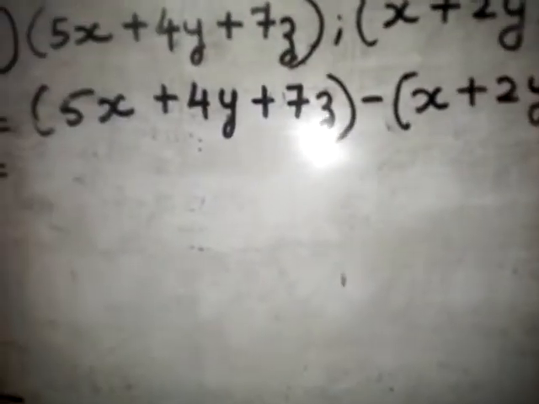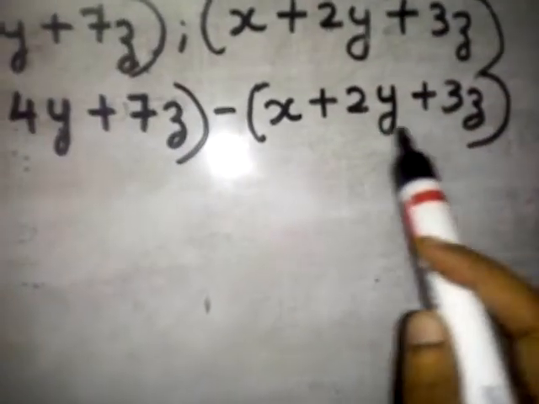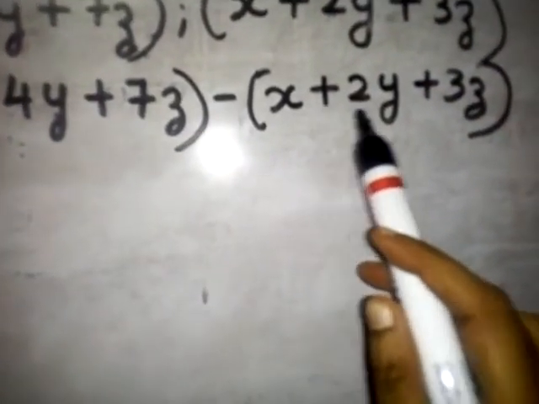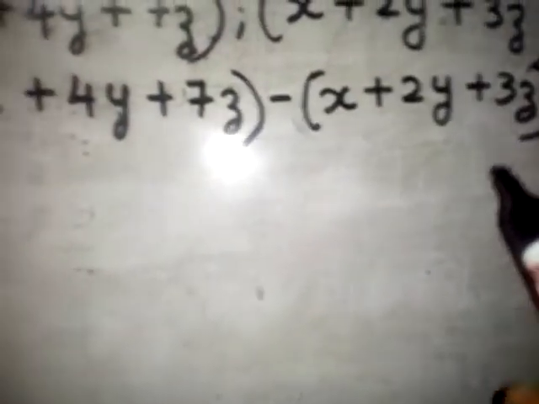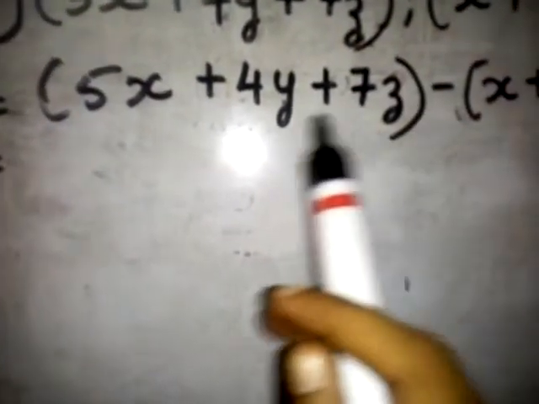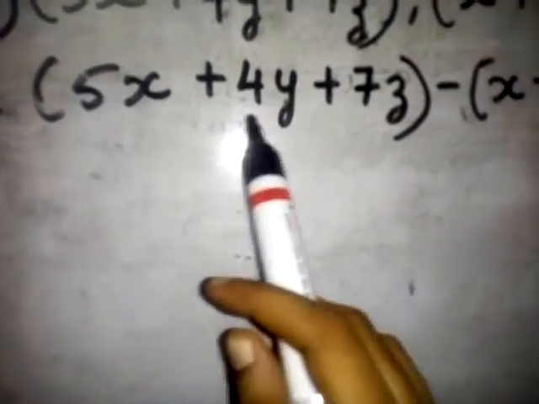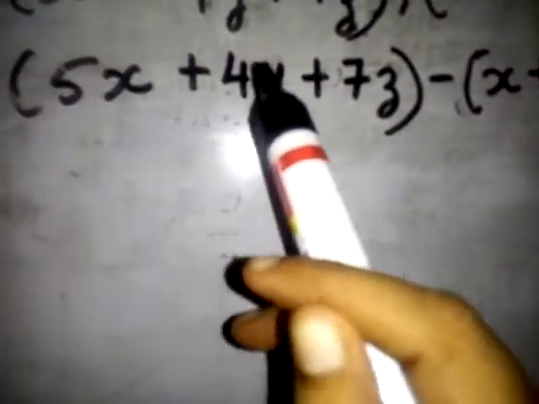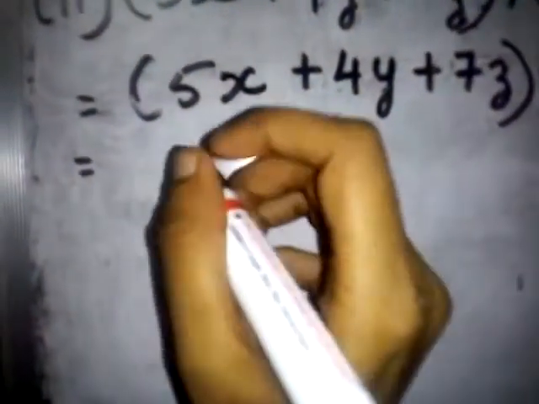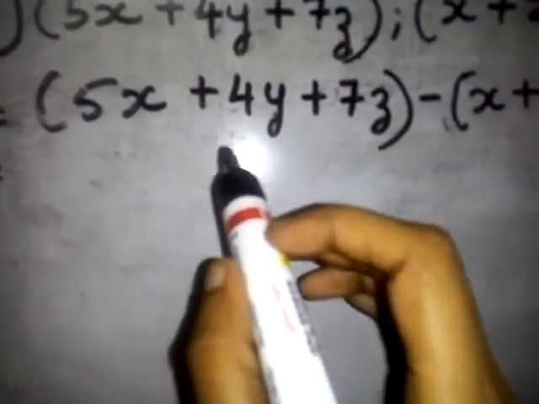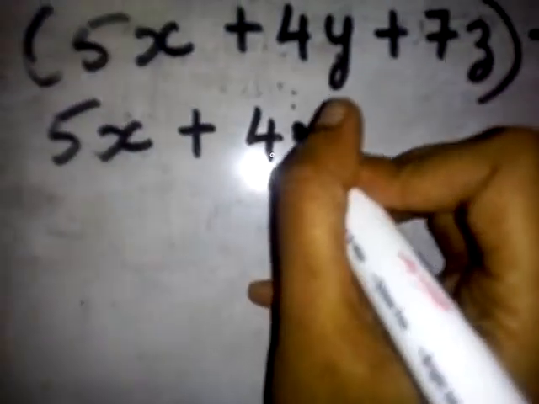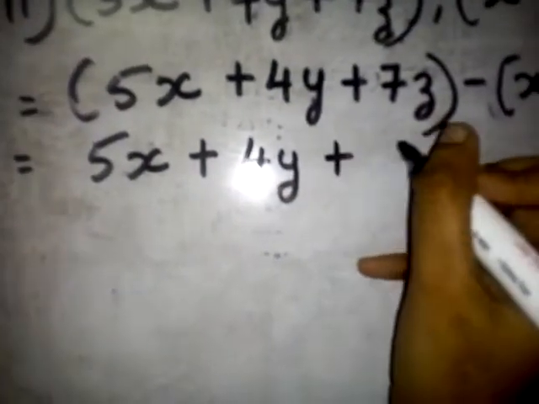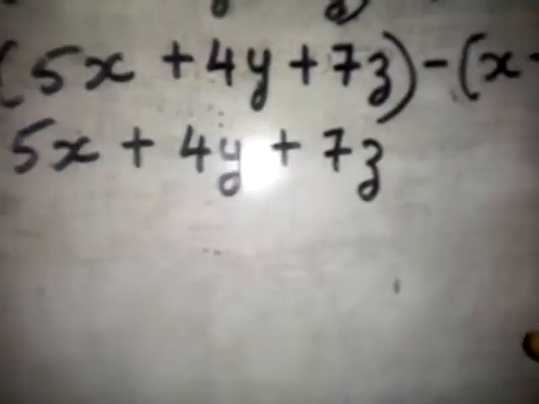Now in the second expression, whatever sign is given here will become the opposite sign by using the sign formula, not in the first expression. The first expression's numbers and their signs you write as it is. You open the bracket and write 5x plus 4y plus 7z.